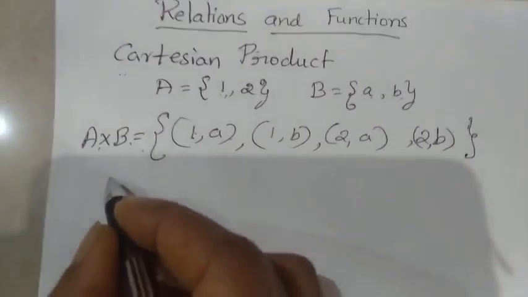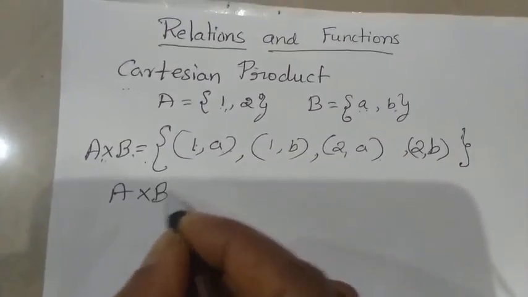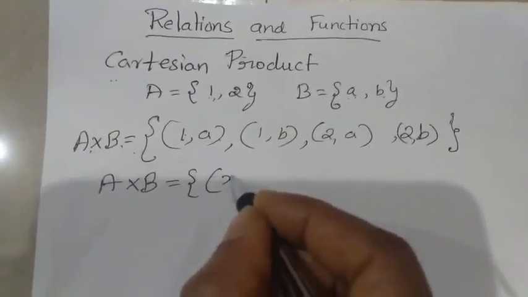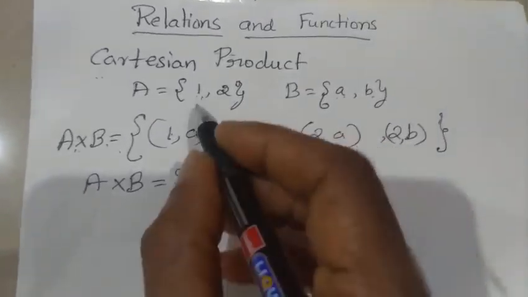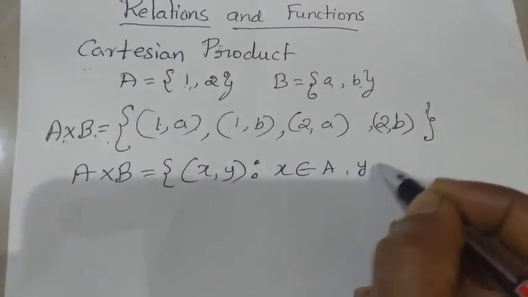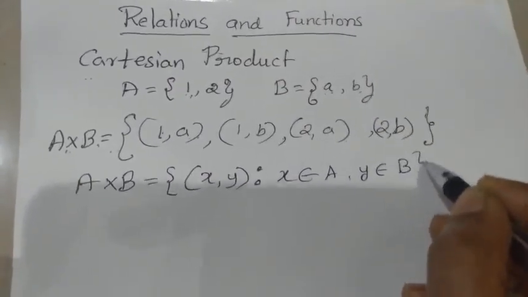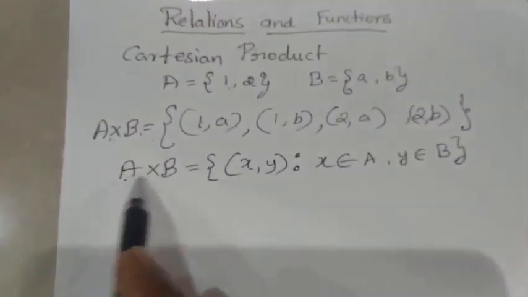Now, you can write this in set builder form also. It contains all ordered pairs of the form x, y such that x belongs to set A and y belongs to set B. Now, this is the Cartesian product from set A to B. A cross B is also a set.